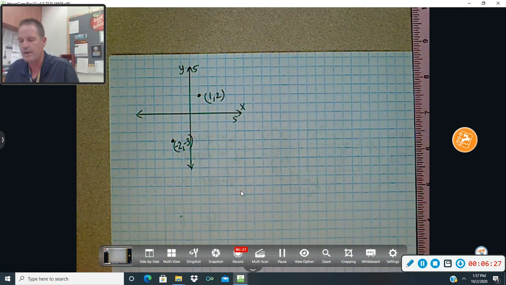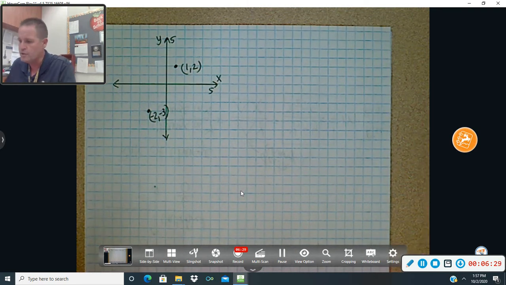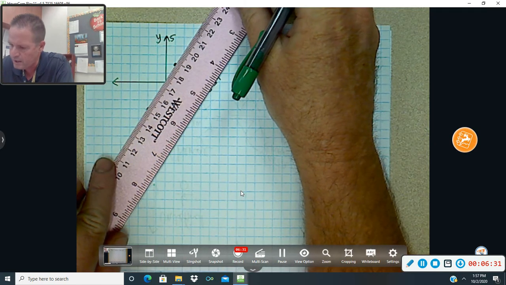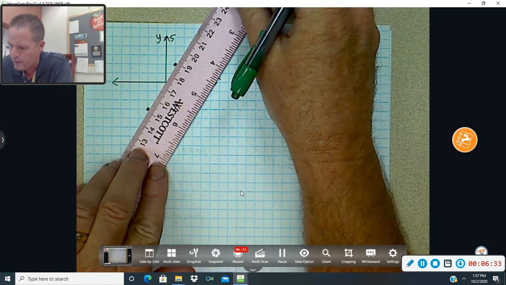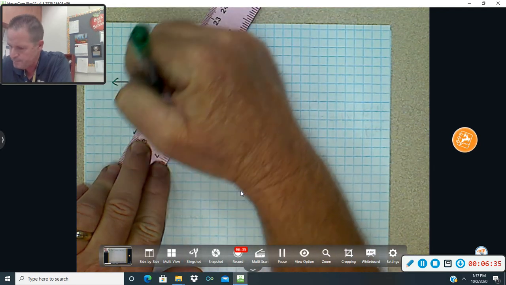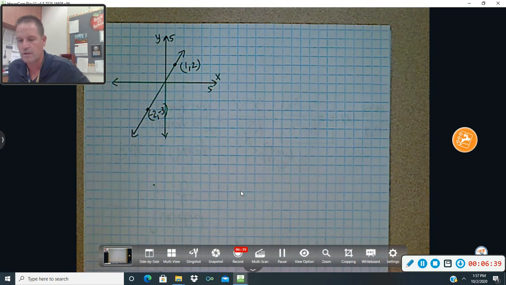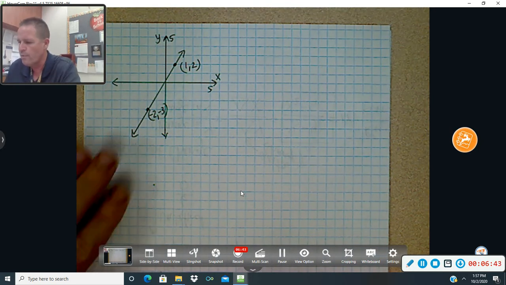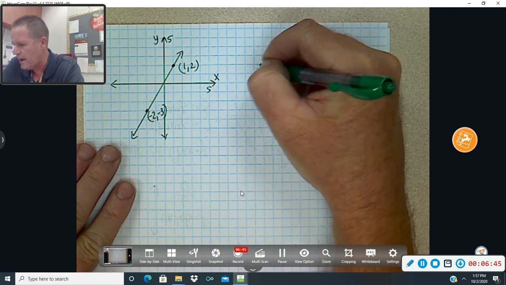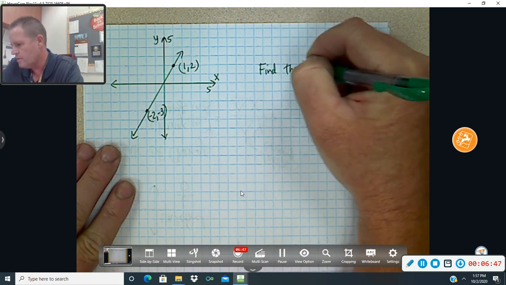And I'll label it there. And those 2 points are going to fall on a line that maybe we've already graphed. So it's graphed here for us to look at now. Okay, so we want to calculate the slope. So find the slope.